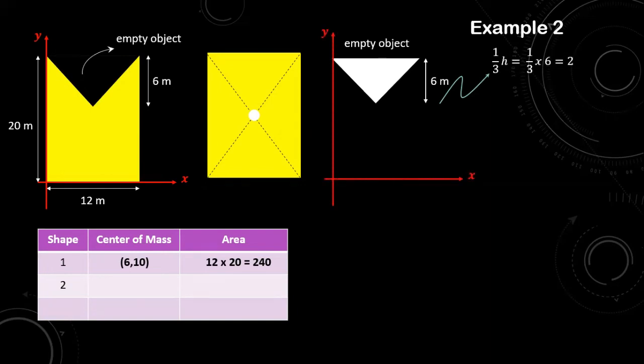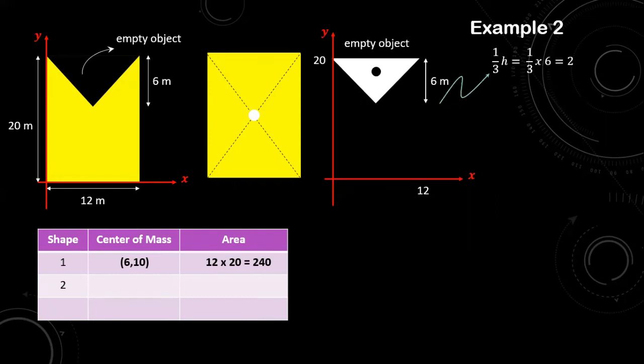As we know, this empty object, measured from the origin or 0, 0, yeah? For the x is 12, and for the y is 20 meters from 0, 0. And this one is the center of mass of this empty object.